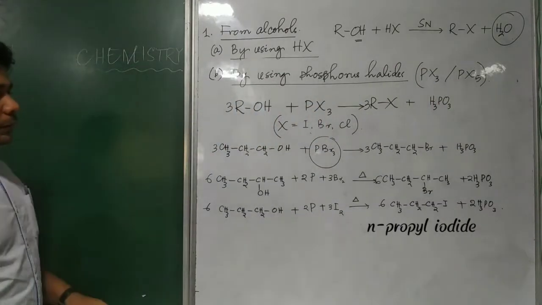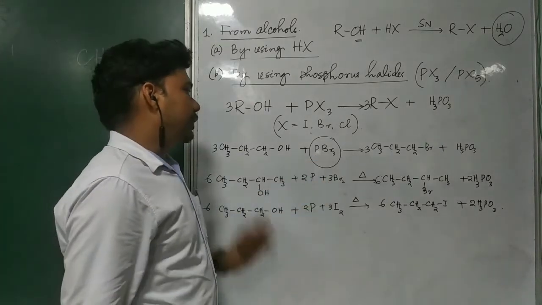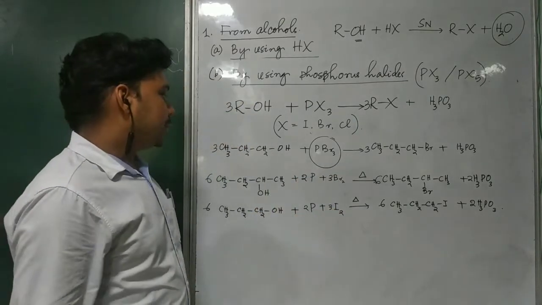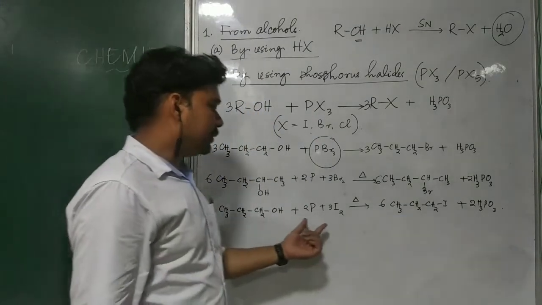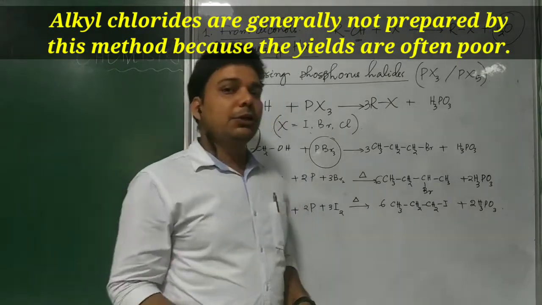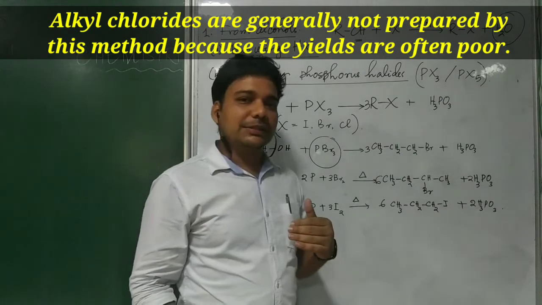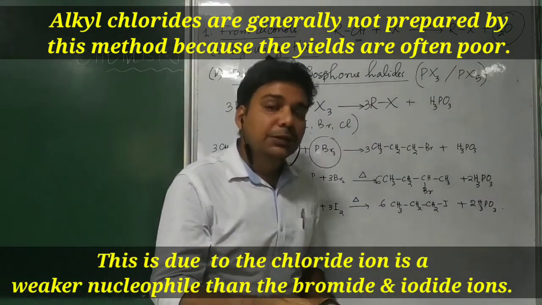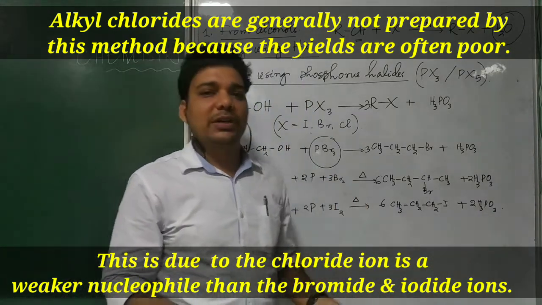So this is about the use of phosphorus trihalides. In the same way, we can expect the formation of alkyl chloride where the alcohols are treated with PCl3, phosphorus trichloride. But the yield of the reaction of alcohols with PCl3 is very poor. That is due to the weak nucleophilic power of the Cl- ion.